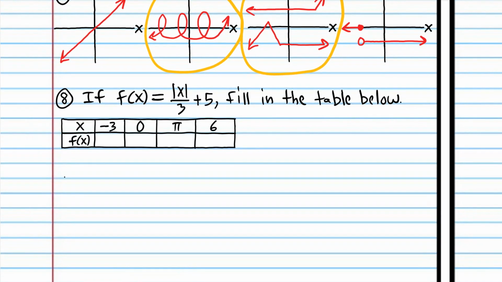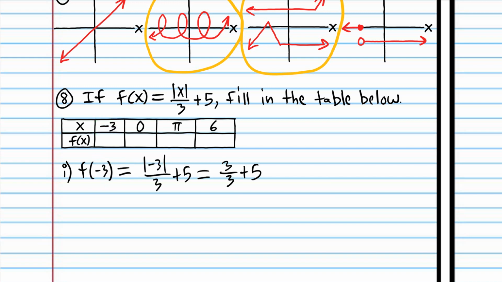So let's find f of negative 3. We just plug in negative 3 to that expression up there. The absolute value of negative 3 is 3. And by the way, I'm getting this negative 3 from here.